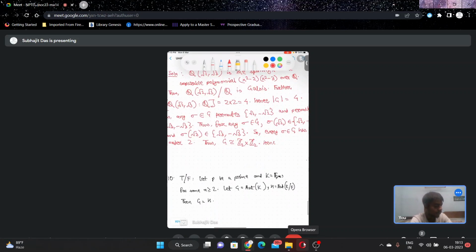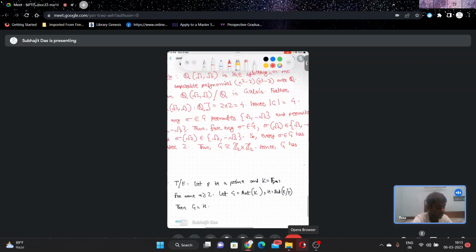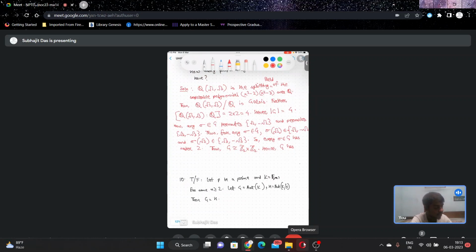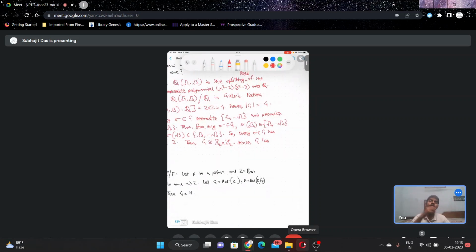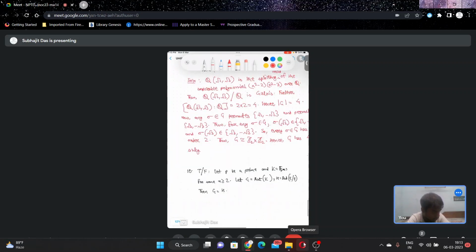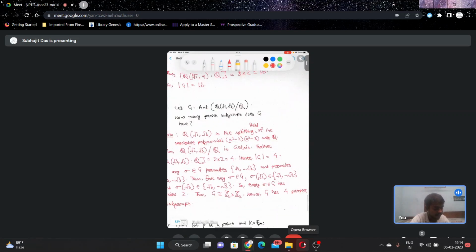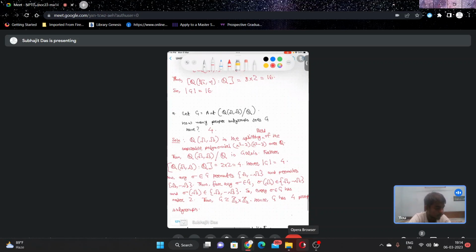Hence, how many proper subgroups does Z2 cross Z2 have? So it has the trivial subgroup, then the subgroups generated by each of the three non-identity elements, right? So it has 4 proper subgroups. If we only count non-trivial proper subgroups, then the number of such subgroups is 3. So the answer here will be 4.